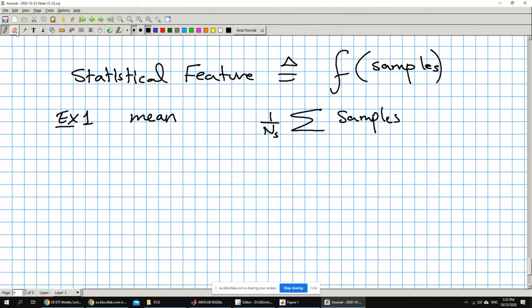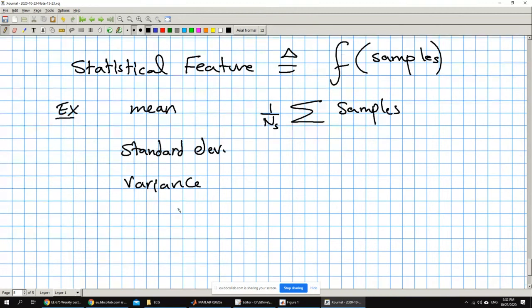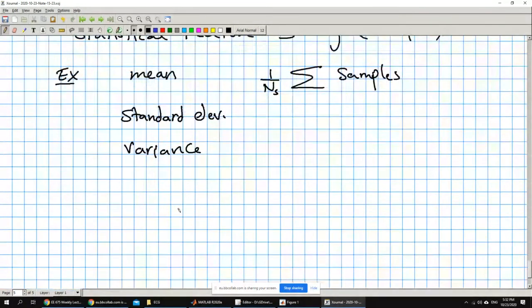You can consider all the statistical features that you learned before, and they all apply here. The variance, which is the square of the standard deviation, is also a feature. You can consider anything where you combine the values within the samples and come up with a number. This will become a feature.